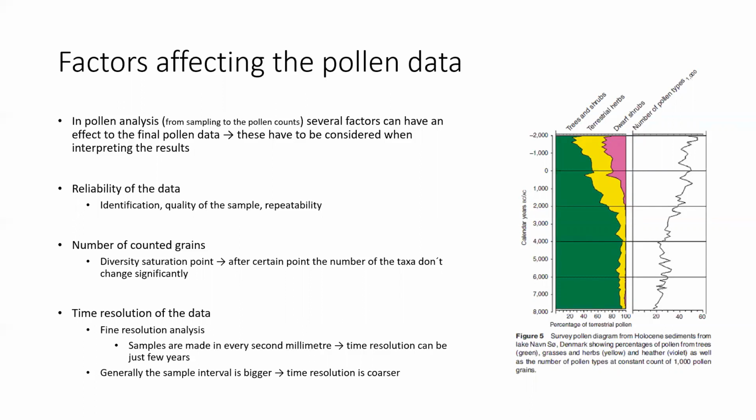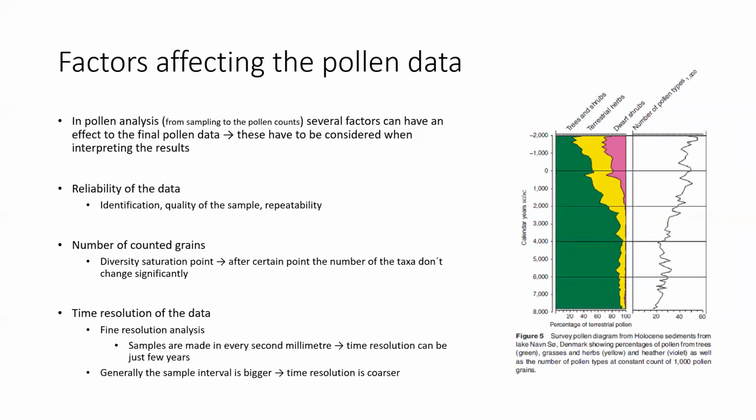And then also the quality of the sample. Sometimes the chemical treatment may destroy some of the pollen, or cause some kind of bias. And also that from the same sample you can do repeatable counts and still get similar proportions of the pollen.